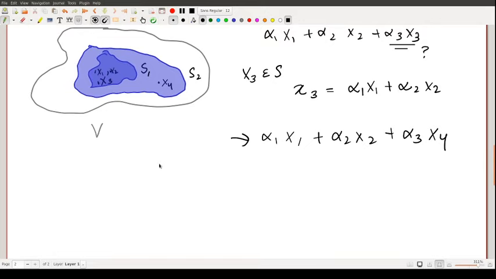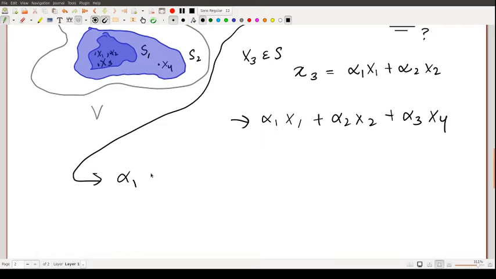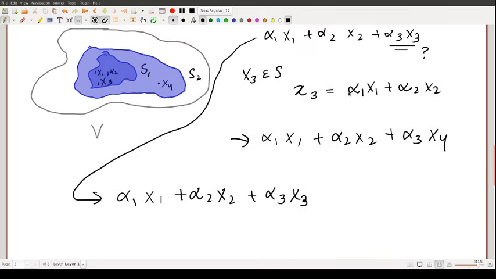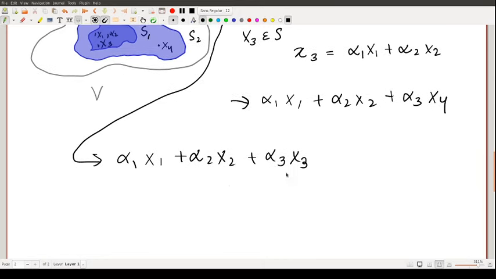And so let me restate that when you take x3, you are not getting a bigger space, because notice that if x3 is already in your space, then whenever you take alpha 1 x1 plus alpha 2 x2 plus alpha 3 x3, since x3 can already be expressed as a linear combination of x1 and x2, you don't have new vectors.